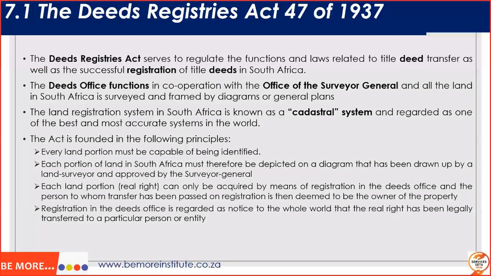But there is a lot that happens behind the scenes before your property is registered. This process just wants to ensure that there are no comebacks. You don't pay money and the next thing someone comes and says, no, I have a claim on the property. So behind the scenes, the conveyancers are checking that there are no attachments to the title deeds that you need to deal with before you purchase the property.